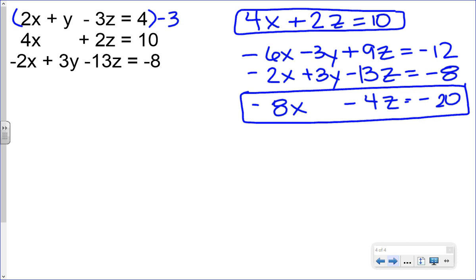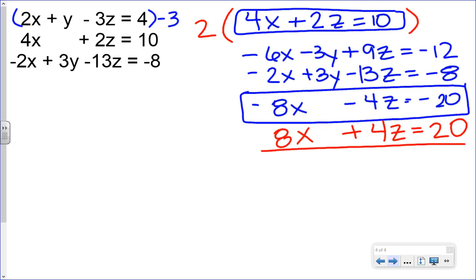Okay, so if we want to eliminate, let's say x, we would want to multiply this one by 2. In that case, we would get 8x plus 4z equals 20. And when we add those together, we get our case of 0 equals 0.